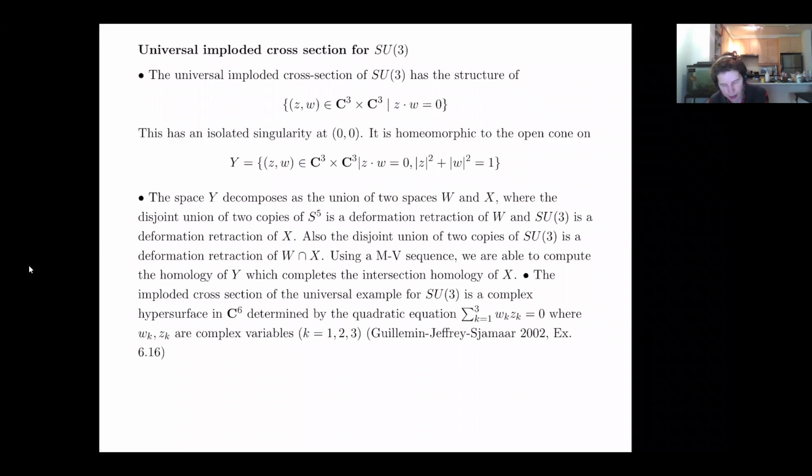This description appears in the paper with Guillemin and Jeffrey in section 6.